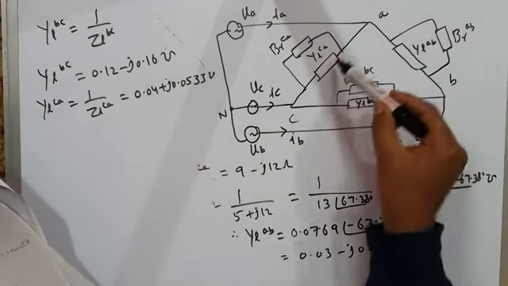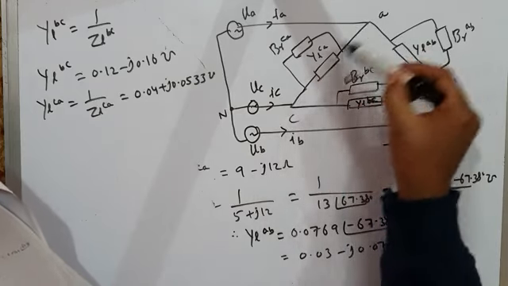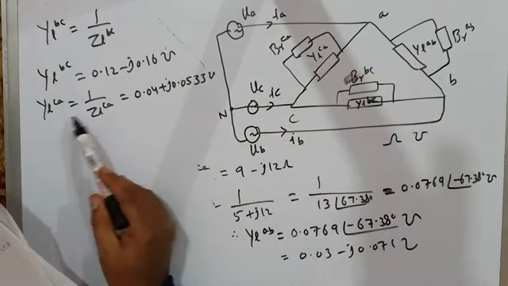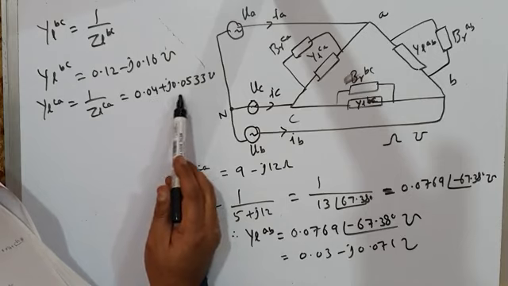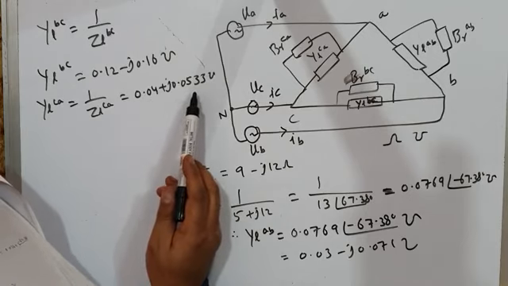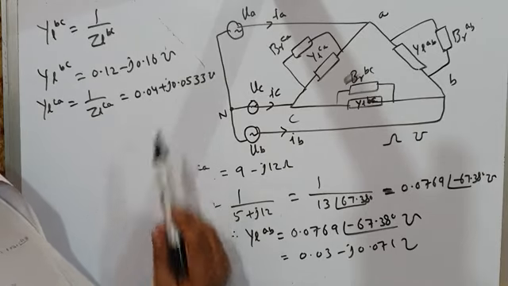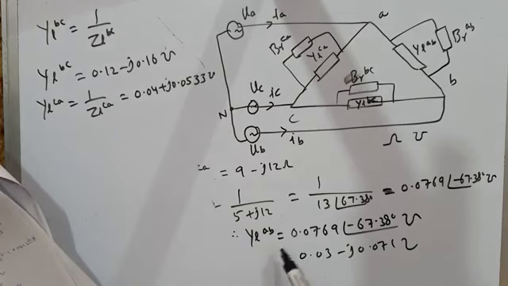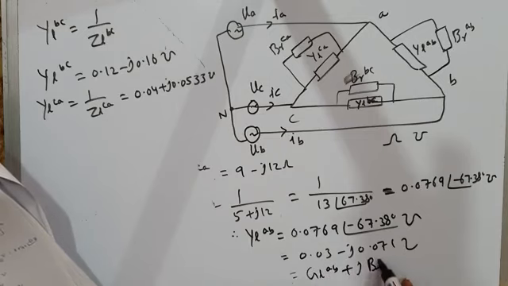And for the load branch between C and A, its admittance YLCA is equal to 0.04 plus J0.0533 mho. Now we know that YLAB is GLAB plus JBLAB.